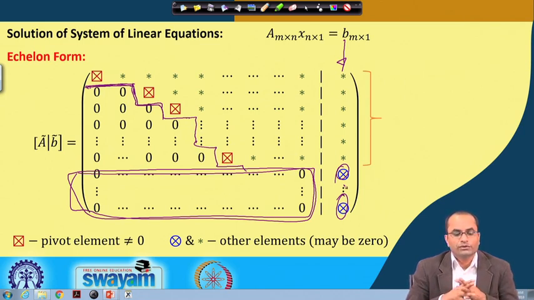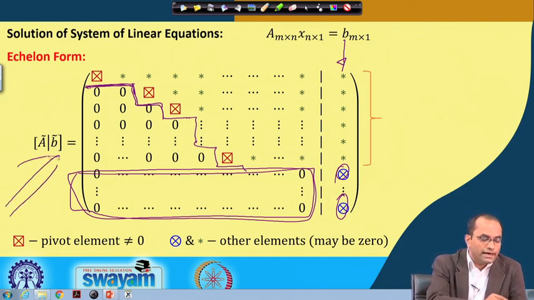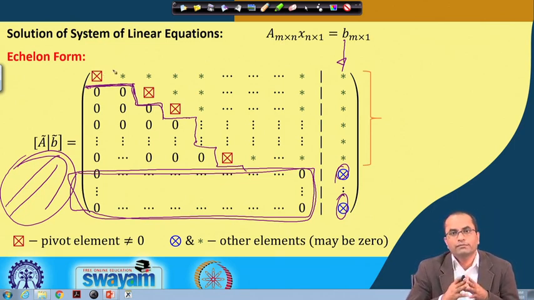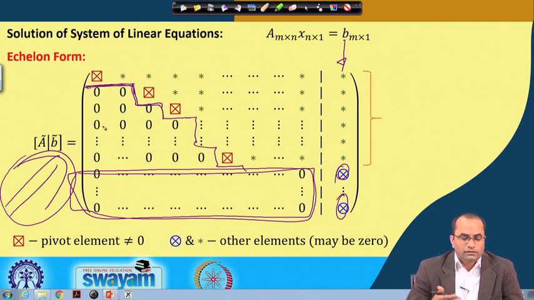The first one, putting your system into the augmented matrix, then reducing the augmented matrix into this echelon form, and then we need to identify the pivot elements, the important elements of this matrix, and then we can characterize the solution, whether we are going to have a unique solution, or the solution does not exist, or we have infinitely many solutions. Once we identify these pivot elements, we can characterize the system in terms of consistency. So, putting into echelon form is the most difficult part here.